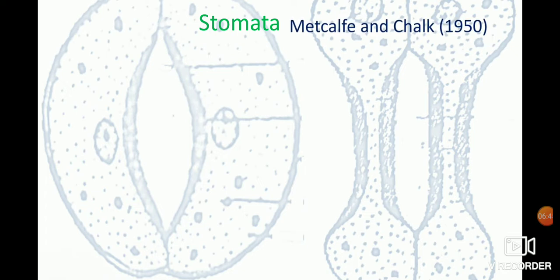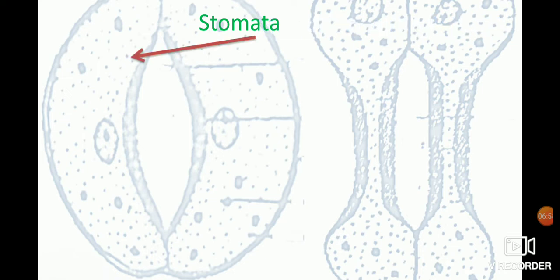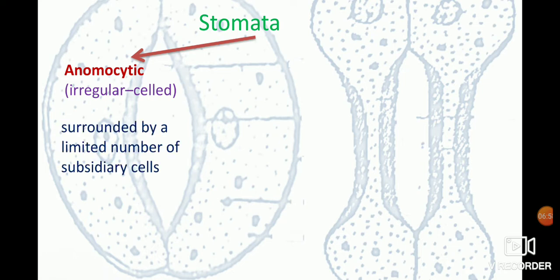Later, Metcalfe and Chalk proposed the following types of stomata. The first is the anomocytic type of stomata. In this, the stomata are surrounded by a limited number of epidermal cells, and these subsidiary cells are not different from the epidermal cells.